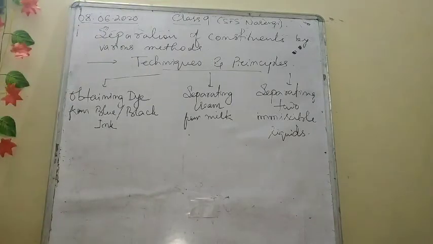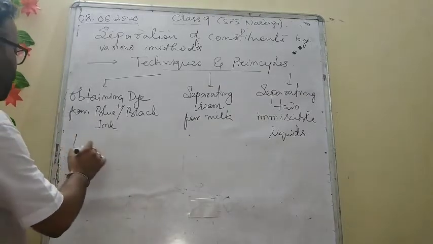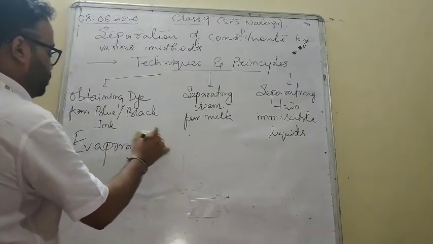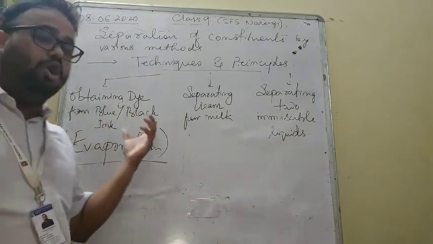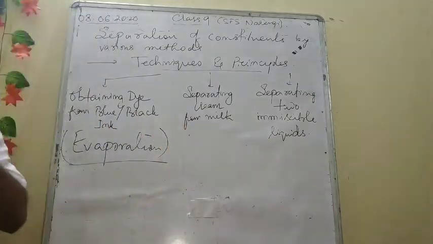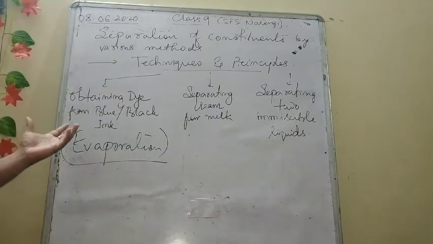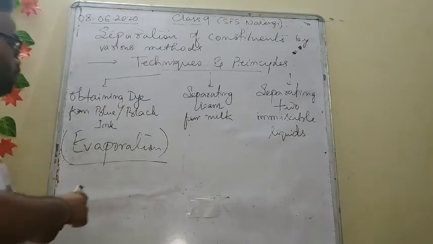In this separation technique, the method of evaporation is applied in obtaining dye from blue or black ink. Evaporation is a separation technique used to separate the dye from blue or black ink. Now what is dye?